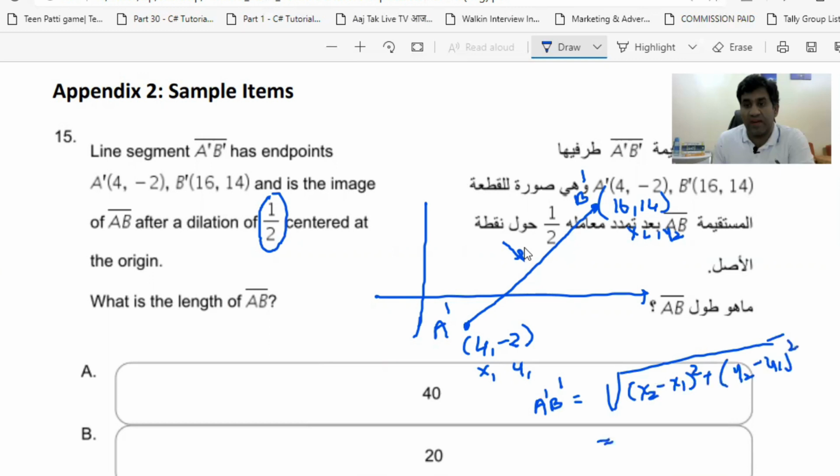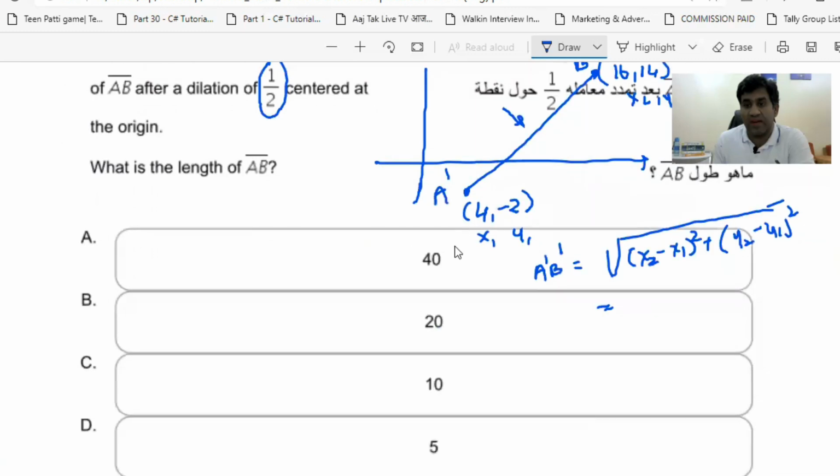So substituting the values, we get square root of x2, which is 16, minus 4 square, plus y2, which is 14 minus of minus 2 square.